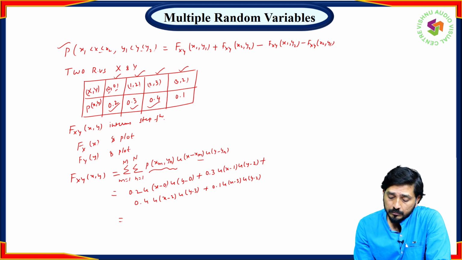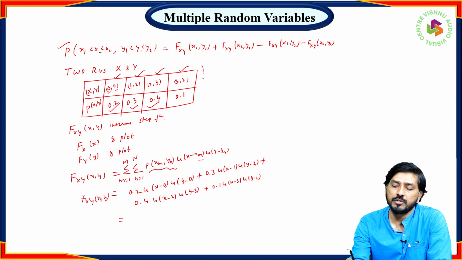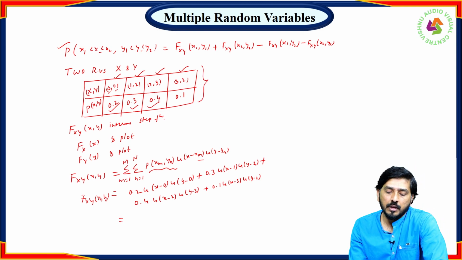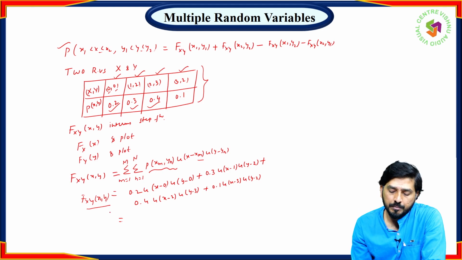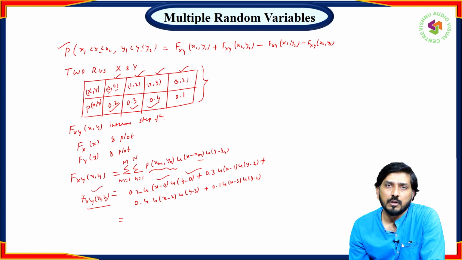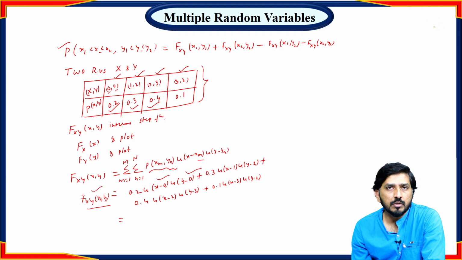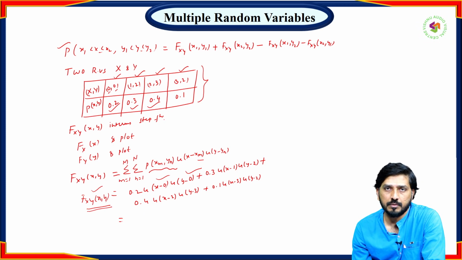Now, this is the expression for the joint distribution function mentioned in the question. The plot of this one is somewhat difficult, because we have an x term, a y term and the distribution. So in the exam you will not be asked to plot the joint distribution function.